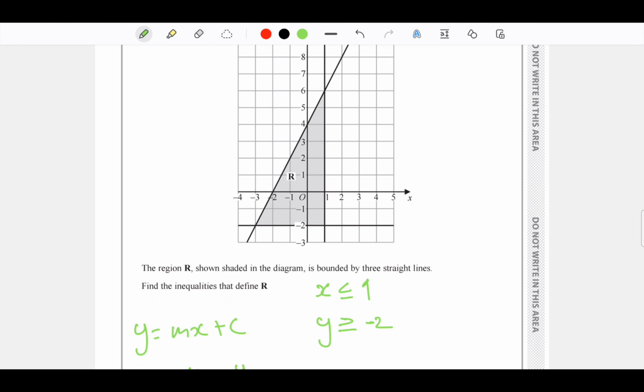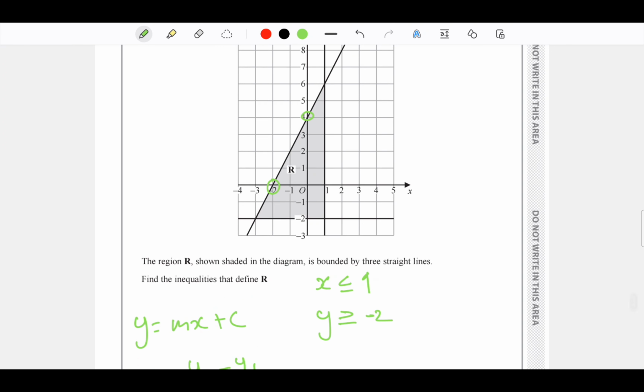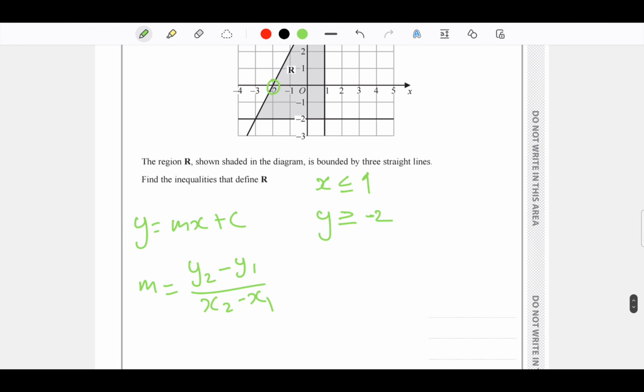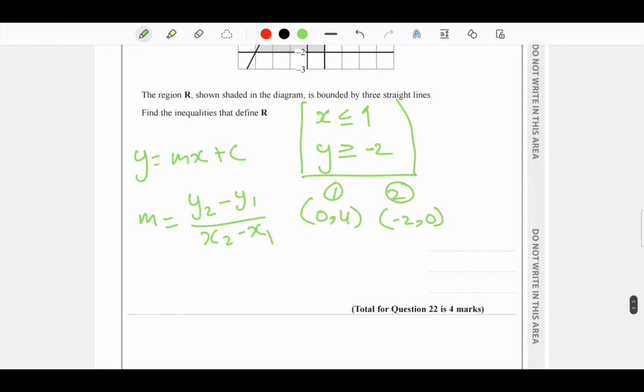It can be any points anywhere. I'm going to take 0 and 4 here, and negative 2 and 0. So my first point is 0 and 4, and my second point is negative 2 and 0. This would be x1, y1, x2, y2.